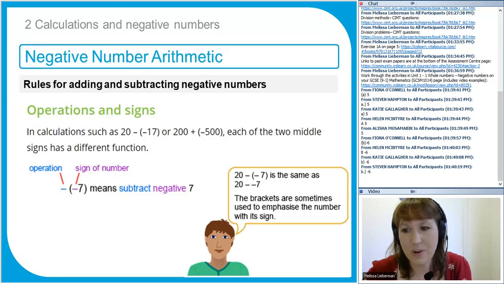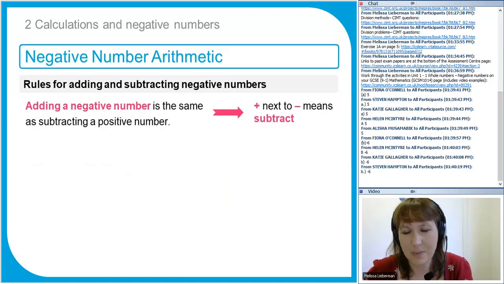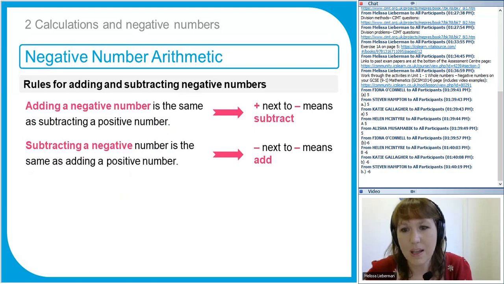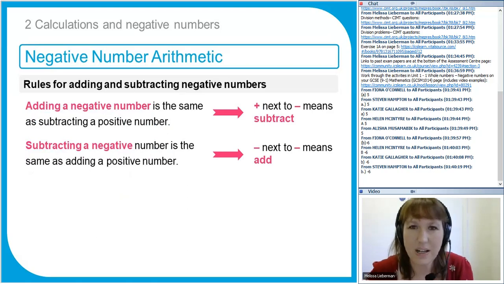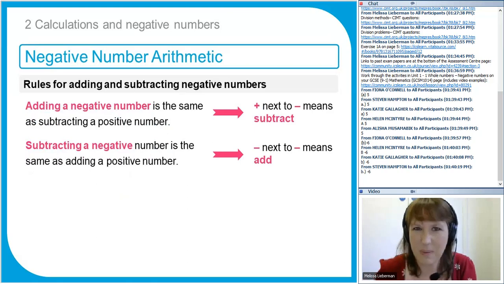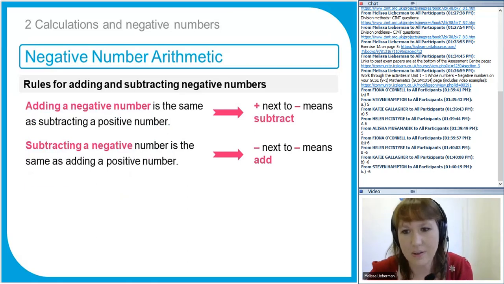And we put these brackets around the number just to say this is a negative number, but you can take the brackets away if that helps, and then combine the signs. So this is probably the hardest thing you're going to do when adding and subtracting negative numbers. If you add a negative number, it's the same as just subtracting it. So adding a negative number is the same as subtracting that number. And subtracting a negative number is the same as adding it. So we're kind of going down, but then back up again. They cancel each other out.